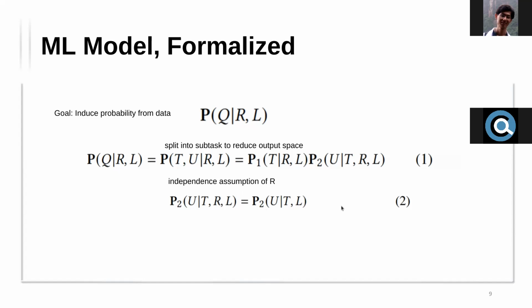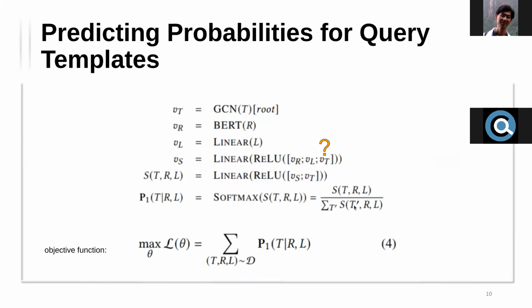Yeah, so this is it. And then this is what happens. This is basically a repeat of the architecture diagram. GCN takes in the template, and if I'm not wrong, it creates a vector representation for every node in the abstract syntax tree. So we take the vector representation for the root of that AST, and then BERT gives us the vector representation for the user report.